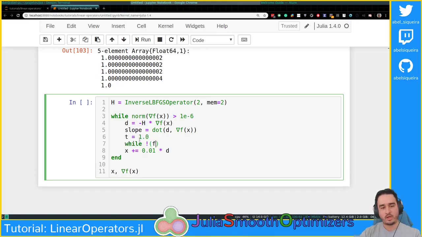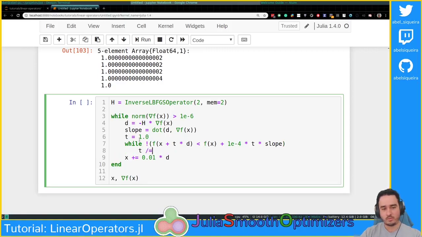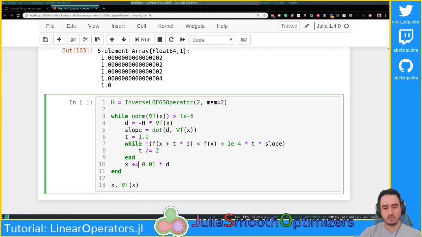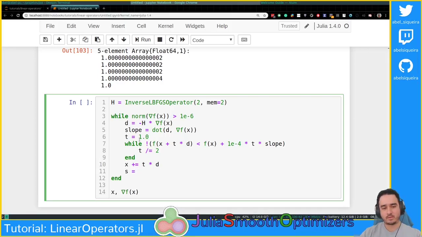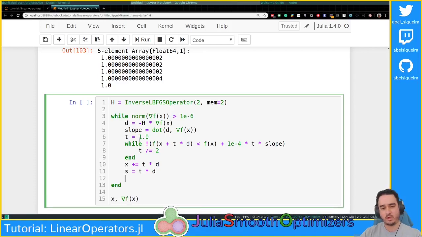So while not f of x plus t times d is less than f of x plus t times, I'm gonna use 10 to the minus 4 slope, t divided by 2, and here I'm gonna update x. After updating x, s is t times d, and y is the gradient.